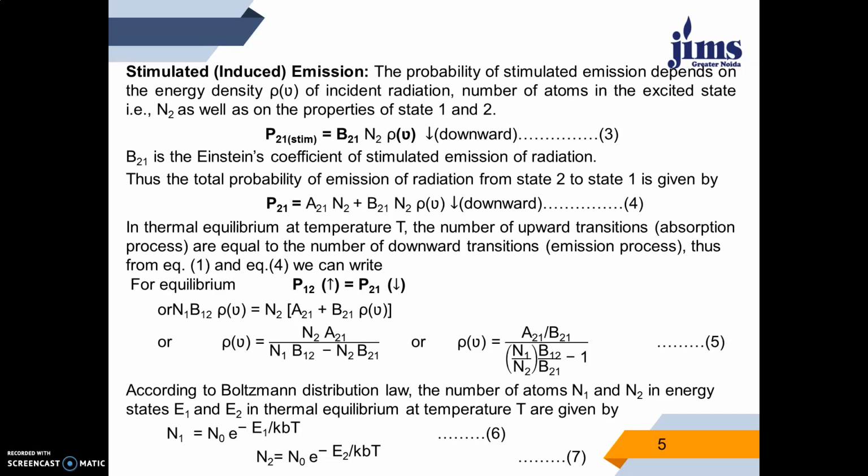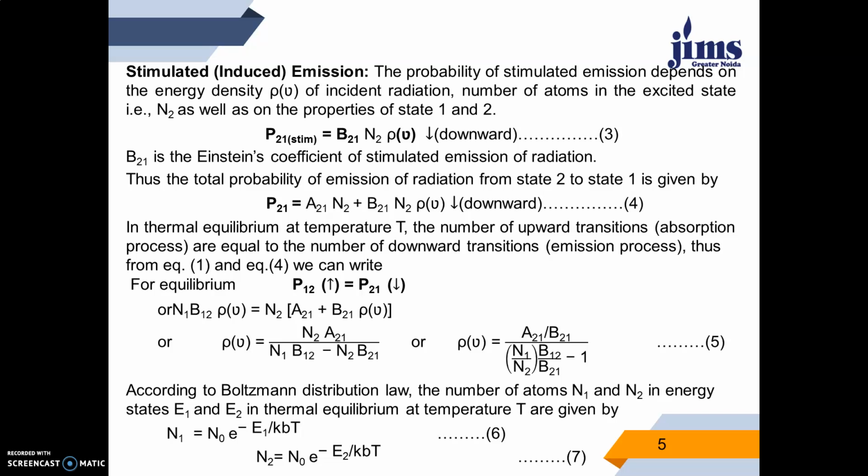Now, according to the Boltzmann distribution law, the number of atoms N1 and the number of atoms N2 in energy states E1 and E2 in thermal equilibrium at temperature T are given by N1 equal to N0 e to the power minus E1 over kBT. This is equation number 6. And N2 is equal to N0 e to the power minus E2 over kBT.